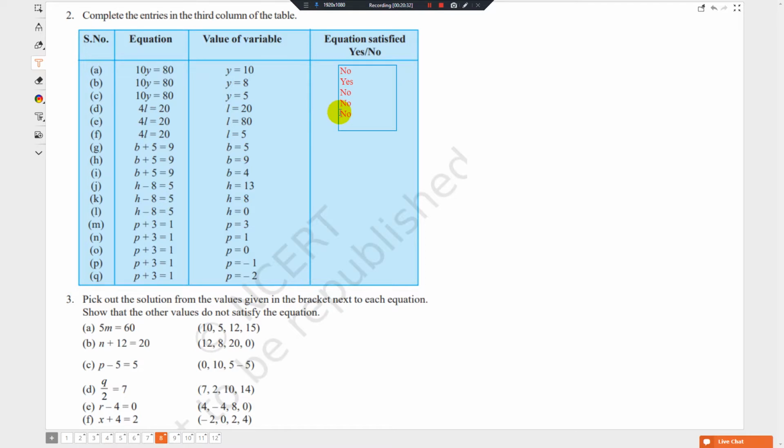Okay, now 4l is equal to 20 and l is equal to 5. 5 fours are 20, so that comes yes.